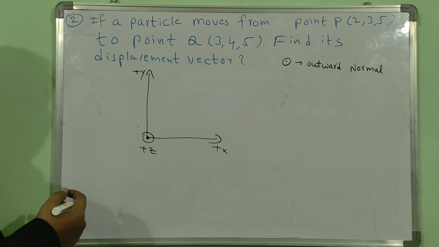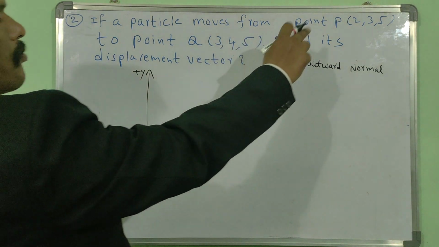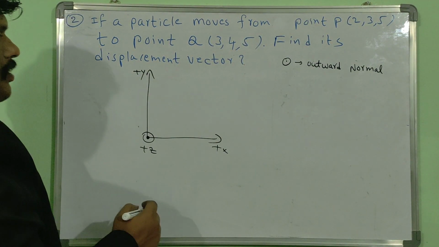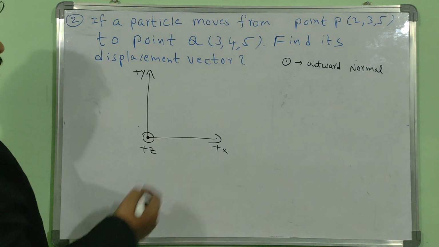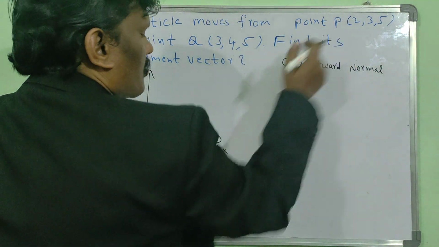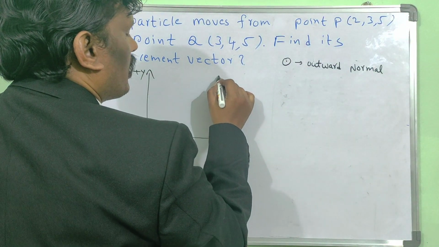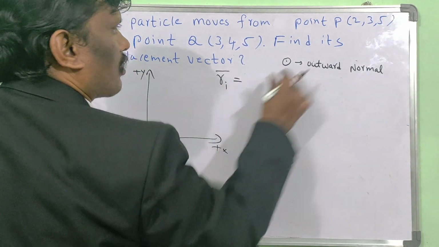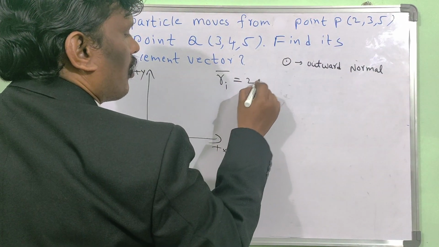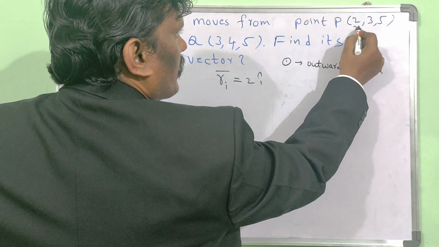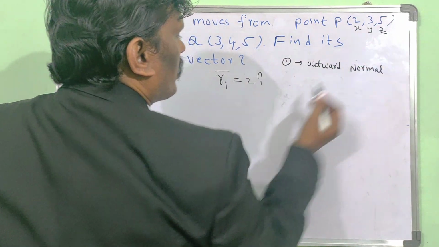Here observe, 2 comma 3 comma 5. What is the initial position of the particle in space? I am going to write Ri, the initial position vector: 2 units along the positive x direction, because all are positive, the x coordinate, y coordinate, z coordinate.